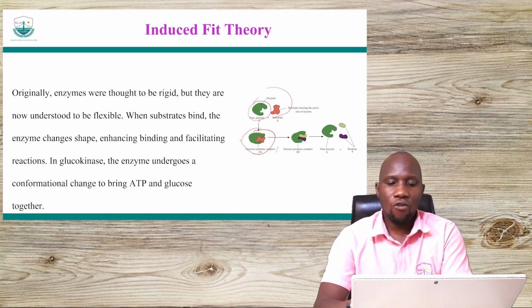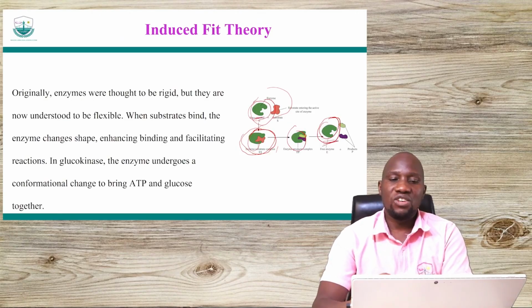There is some conformation that has happened, some transformation in terms of shape that has happened. Okay, and then when the products have gone, this one now looks like this, but this and this are actually different from that.